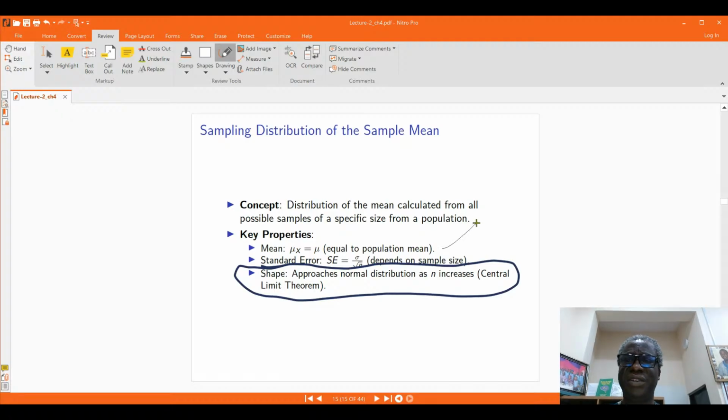That's what this is saying. The standard error will always depend on the sample size because of the expression, as you can see in that formula, the population standard deviation divided by the square root of the sample size. So now let's look at the issue of shape, and that leads to the theorem that I earlier mentioned, which is called the central limit theorem.